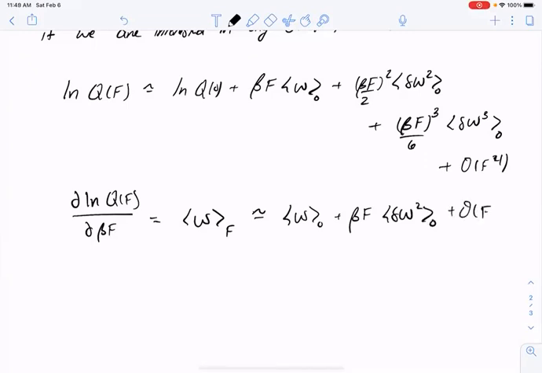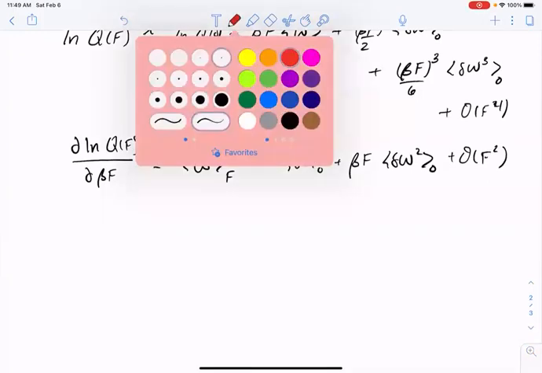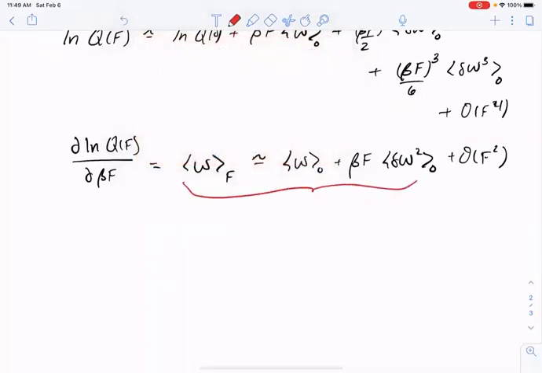And that would be good to first order in F. And so we have our usual response relationship, now just written in other sorts of variables.